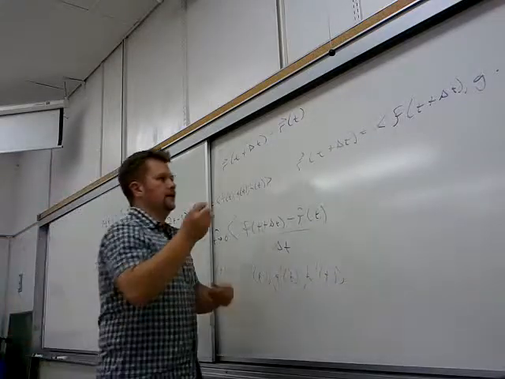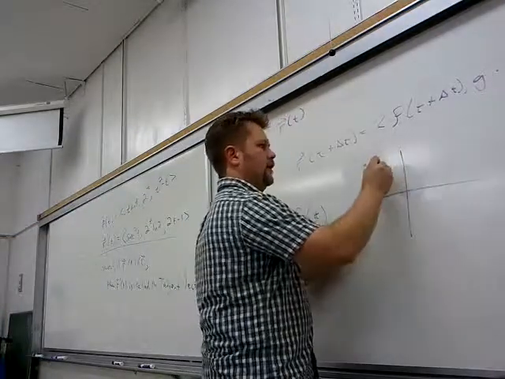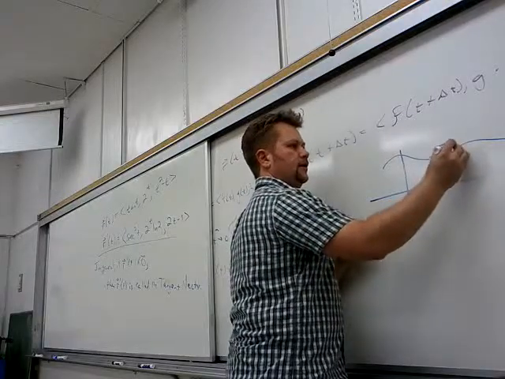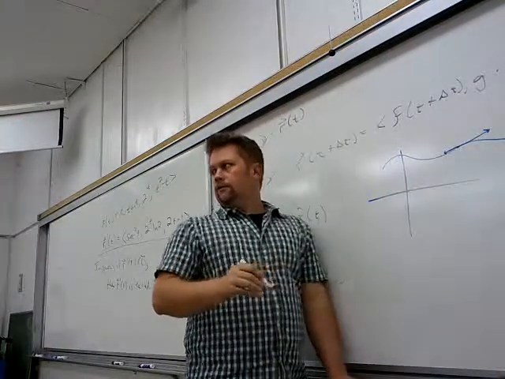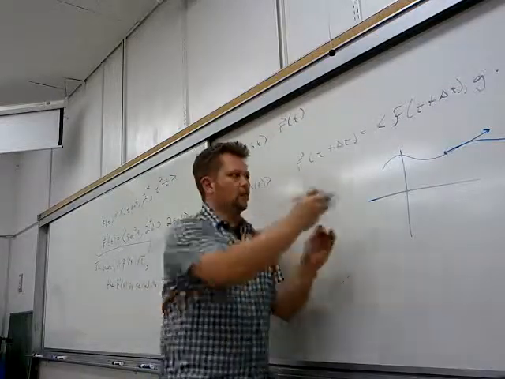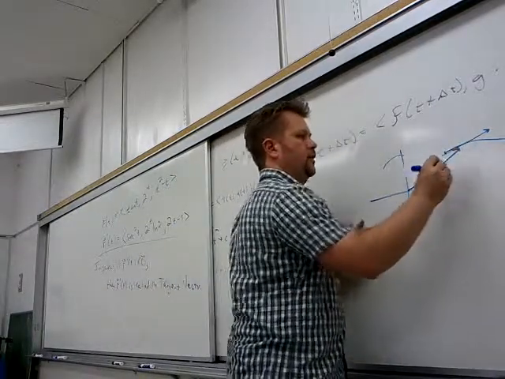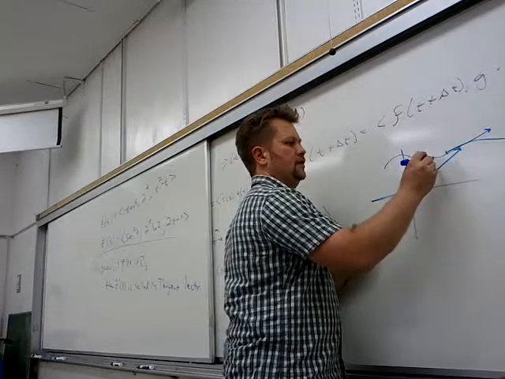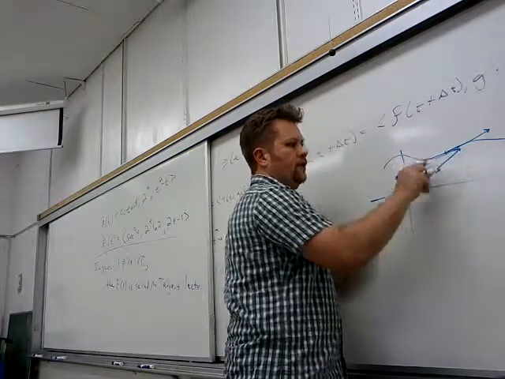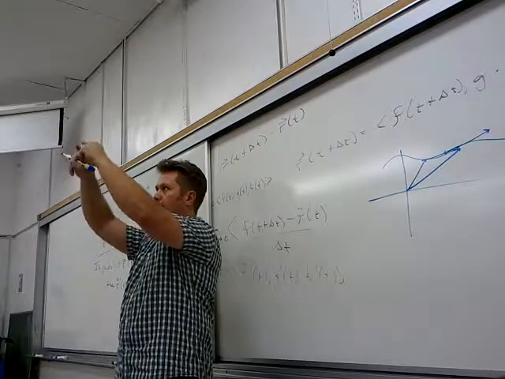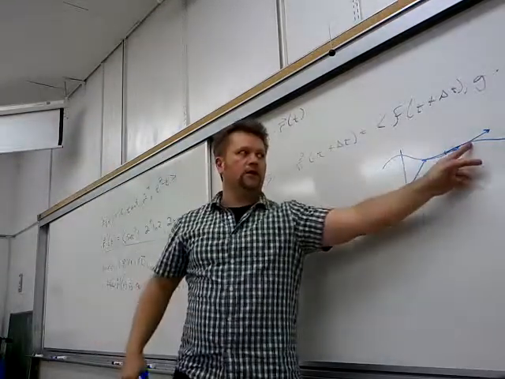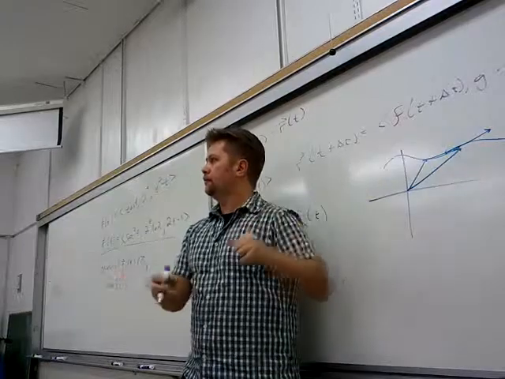So back in 180, we'd have a function like this. At this point, the tangent line would be this. Cool? Now we have our position vector pointing to that point, and we step this guy closer and closer, but it's always in between. So the closer I get, that subtraction vector is going to point in the same direction it would have if I had looked at it the way we did in 180.